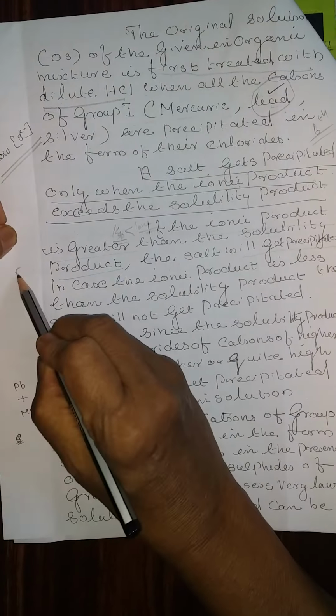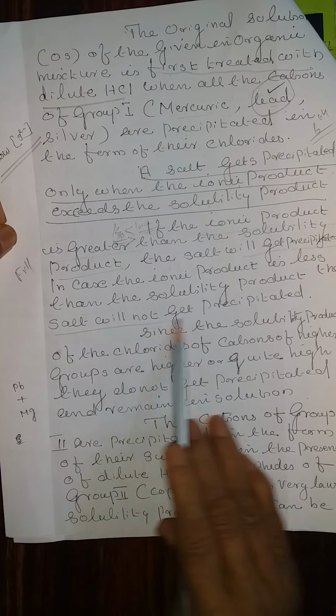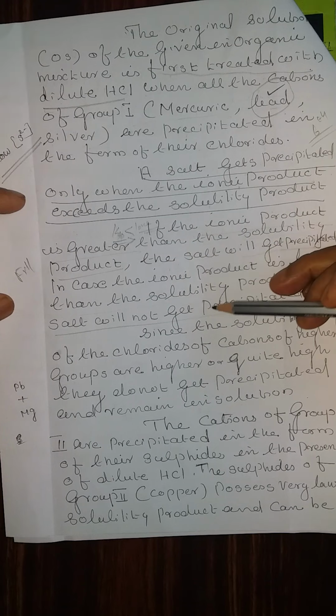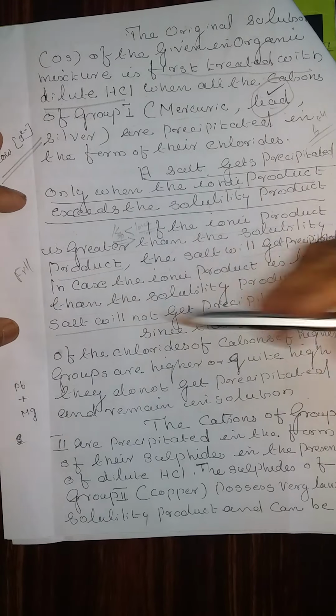Fill in the blank question. In case the ionic product is less than the Ksp, the salt will not get precipitated. You have to keep in mind only these two laws.